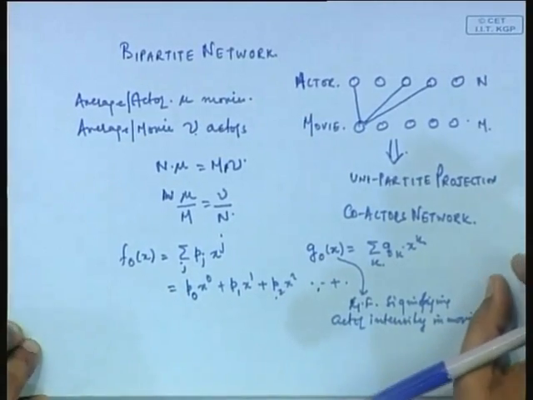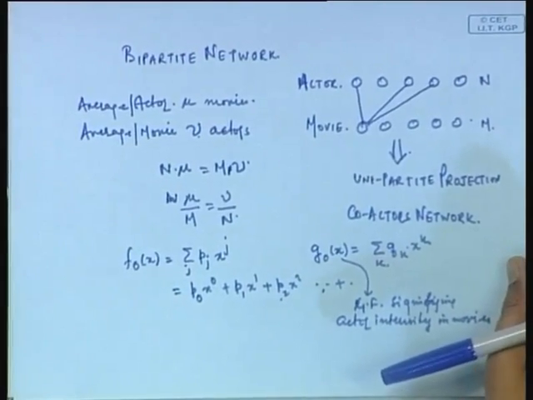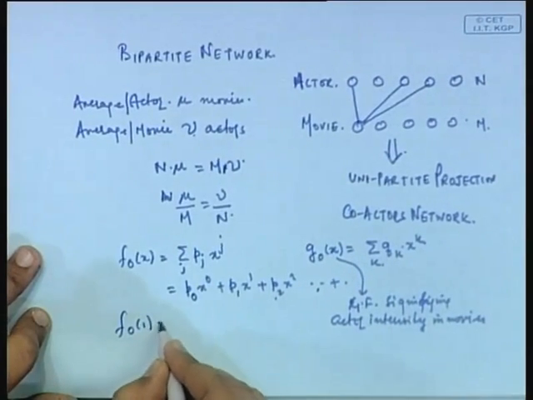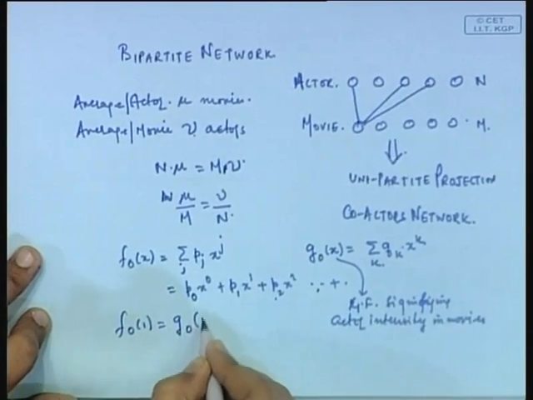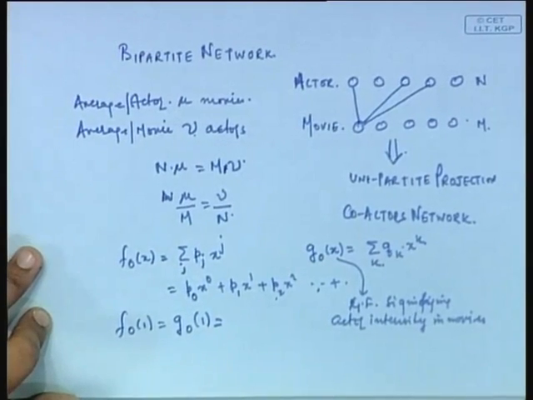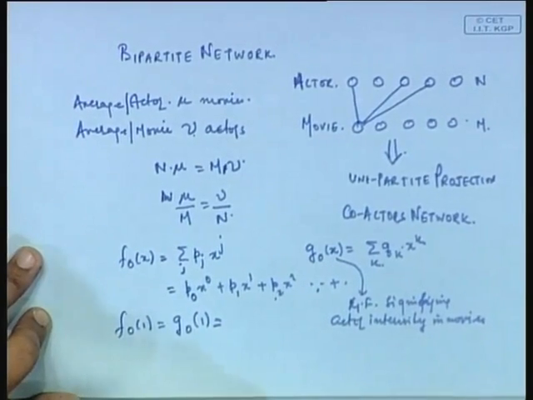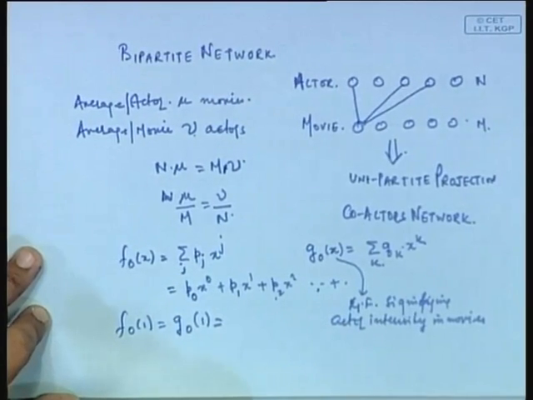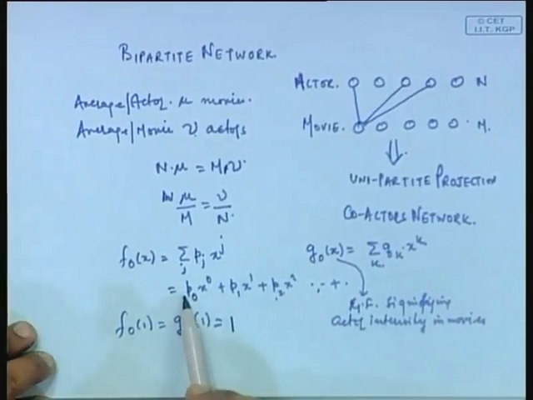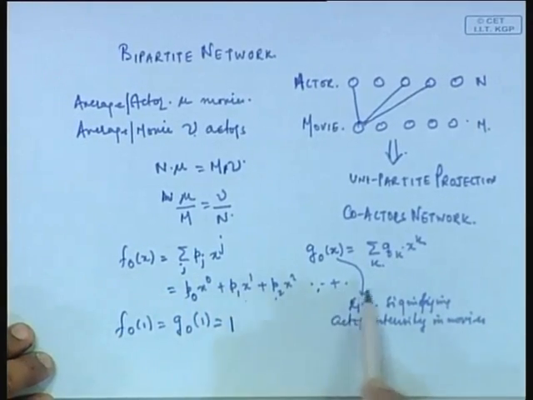Okay, very good. So now tell me, we know that f0(1) is equal to g0(1) is equal to one, because it is P0 plus P1 plus P2 plus P3.